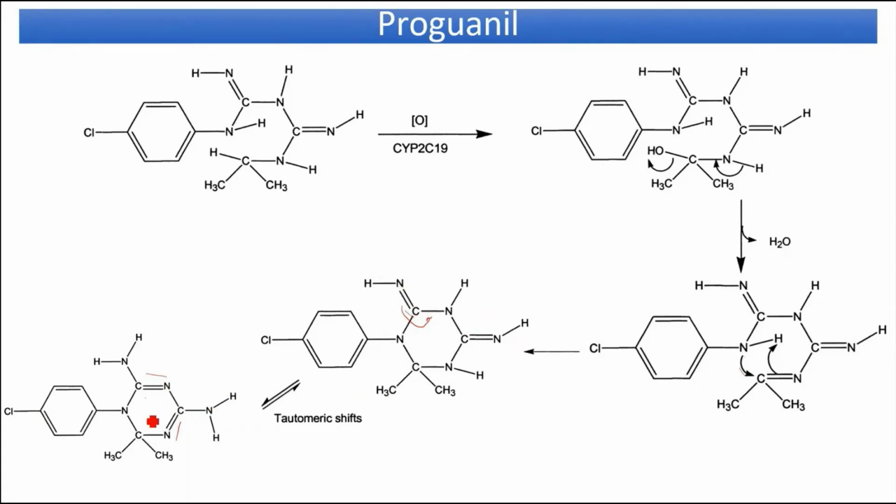This becomes an endocyclic conjugated 1,3-butadiene kind of system, which makes it more stable compared to this earlier tautomeric form.